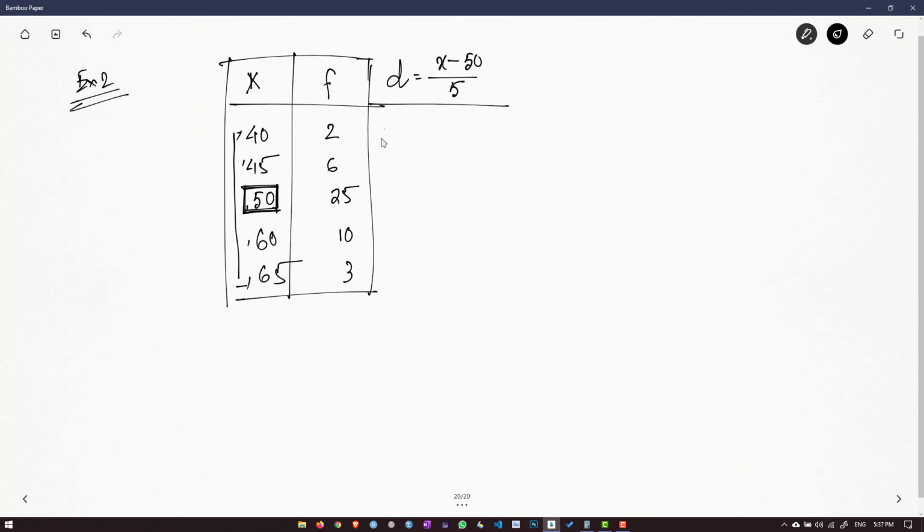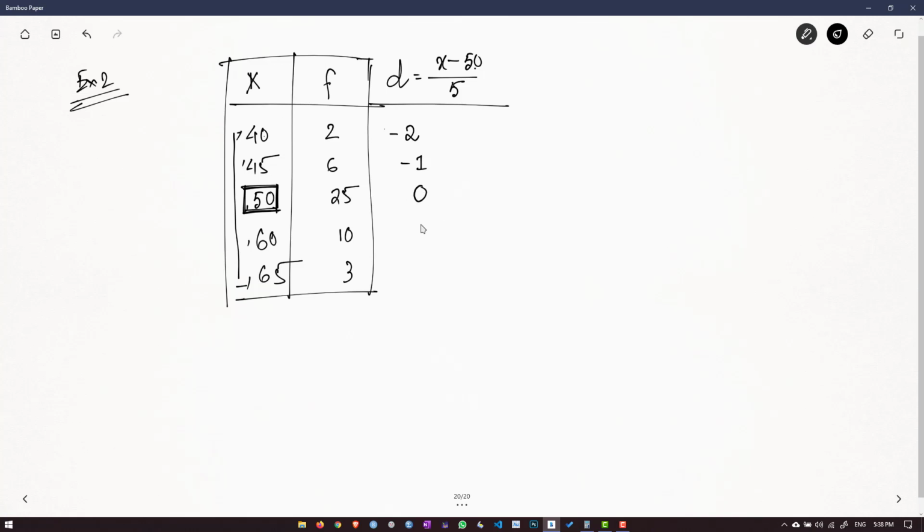So this value will be 40 minus 50 divided by 5. So 40 minus 50 is minus 10, divided by 5 means minus 2. 45 minus 50 means minus 5, divided by 5 is minus 1. This will be 0.